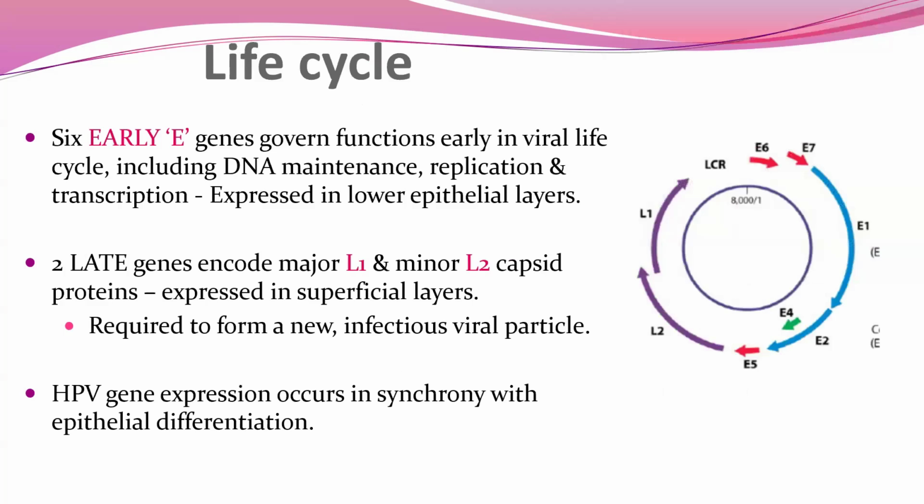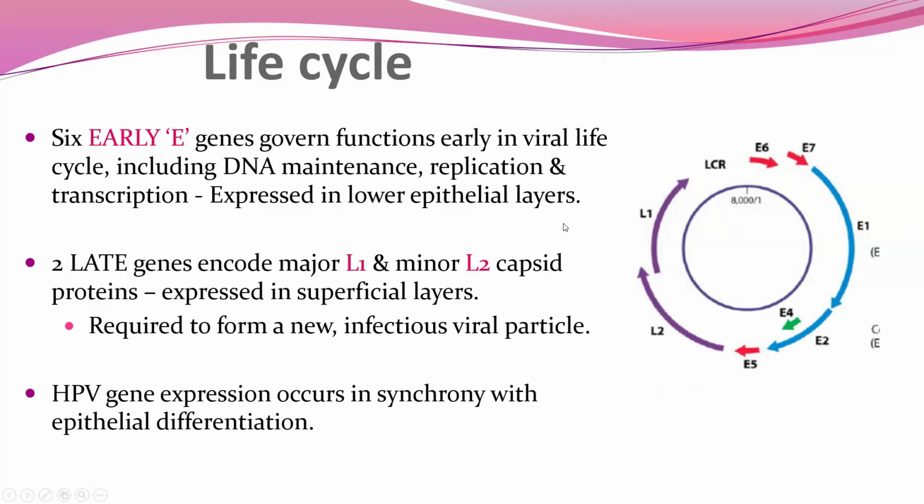A bit about the life cycle. Six early E genes govern functions early in the viral life cycle, denoted by E1, 2, 3, 4, 5, 6. It includes DNA maintenance, replication, and transcription, expressed in the lower epithelial layers once infected.